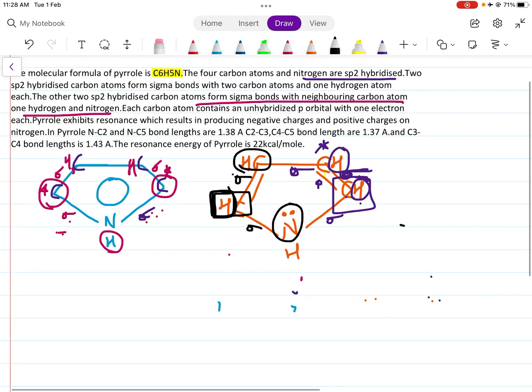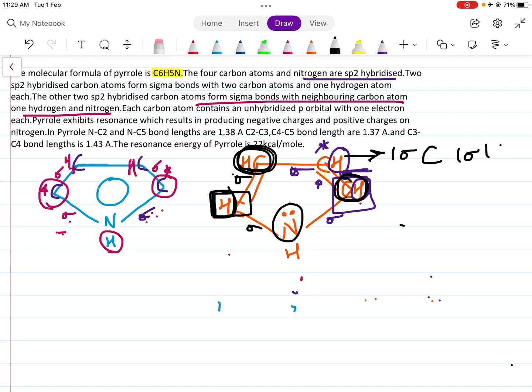So if I split this, what do I get? From this carbon atom, 1 sigma with this neighboring carbon, 1 sigma with this neighboring carbon, so it forms sigma bonds with the 2 carbon atoms and 1 sigma with a hydrogen.